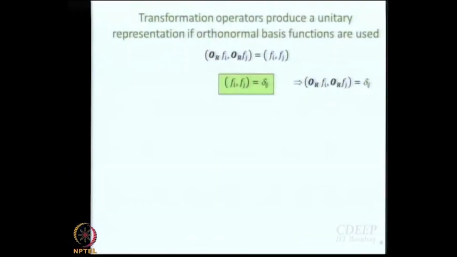So, I am allowed to write this, that the scalar product of the functions is what? Kronecker delta, right, okay, which implies that the scalar product of the transformed functions is also Kronecker delta, right.